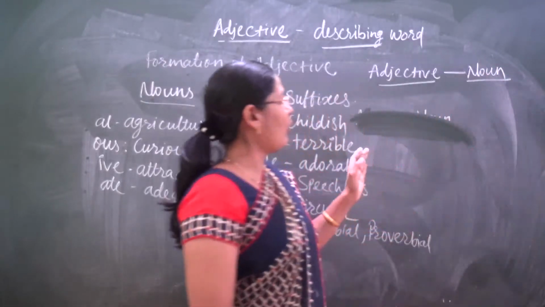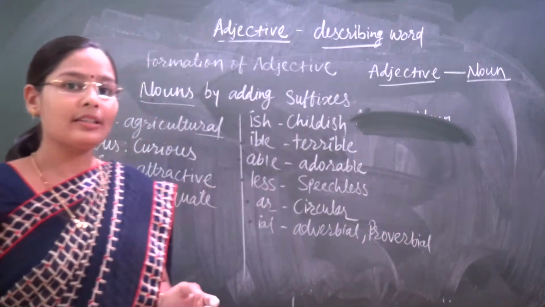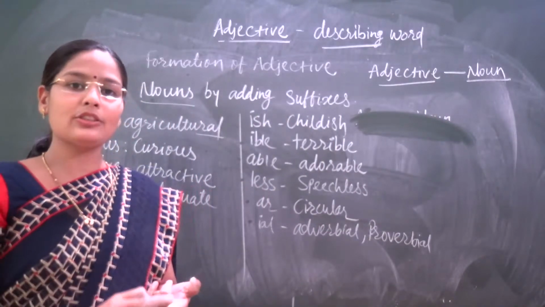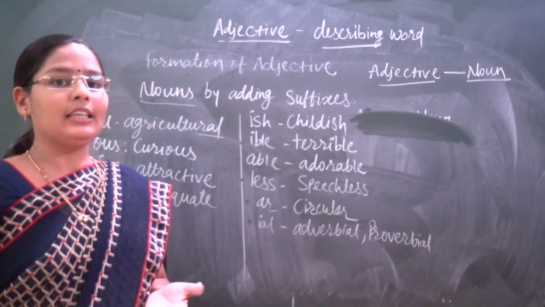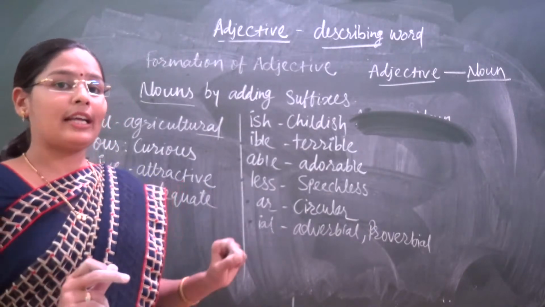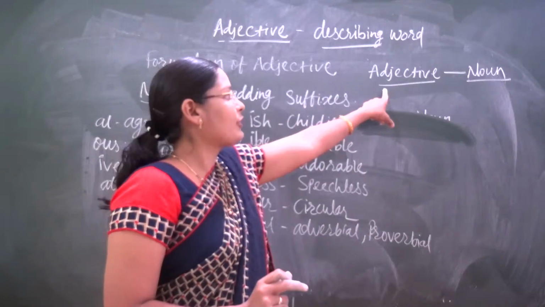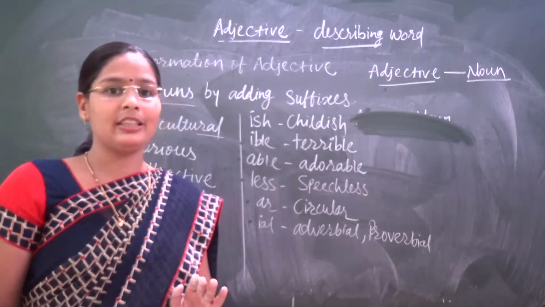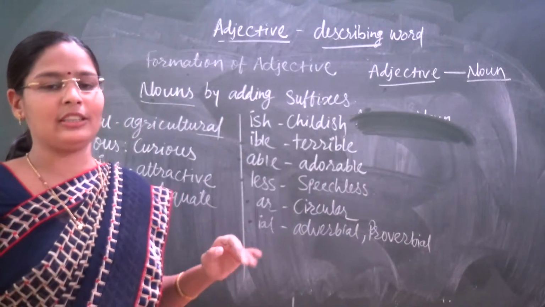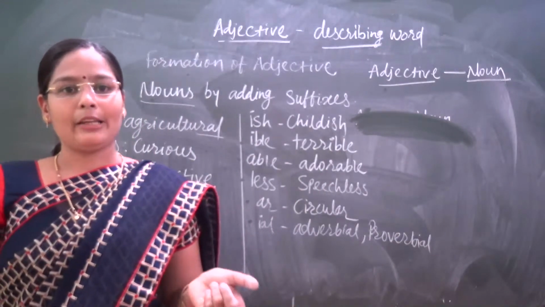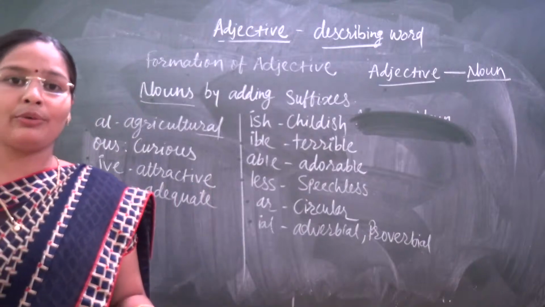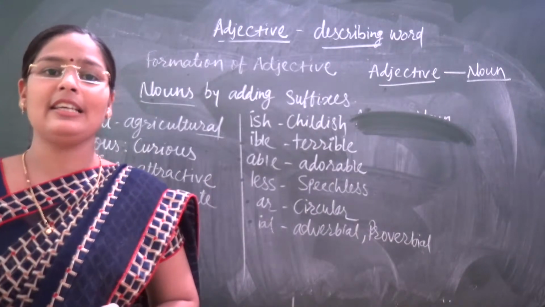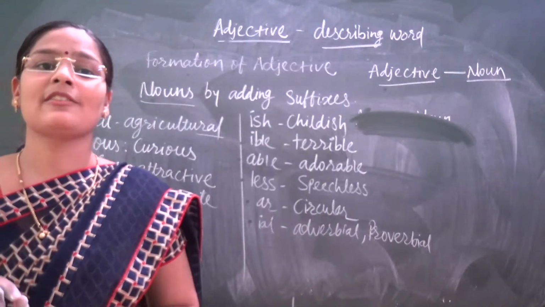An adjective always has a noun after it because it is a describing word for a noun. It is not hanging alone in a sentence. If in the sentence you have a noun after the particular word, then it is an adjective. And if you do not have a noun after it, then it may be any other part of speech, or it may be a noun. One word can be used as a conjunction, as a pronoun, as an adjective, but it all depends on how it functions in the sentence.